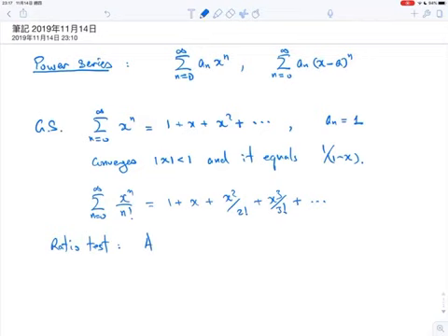Let me use capital N. So here capital N stands for x to the n over n factorial.